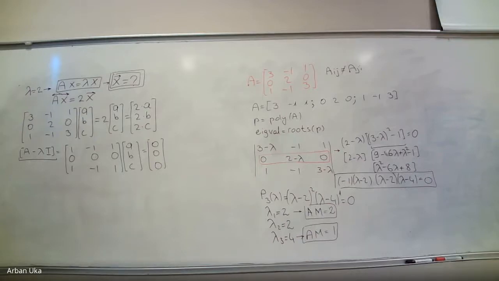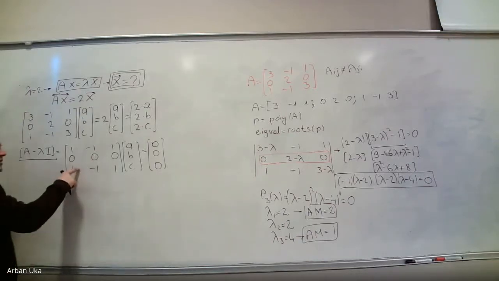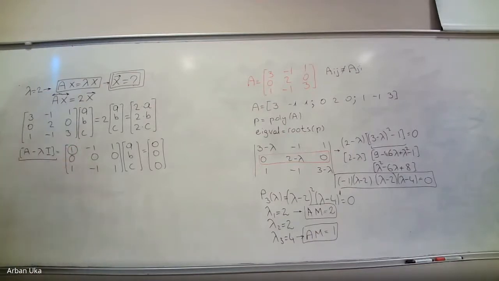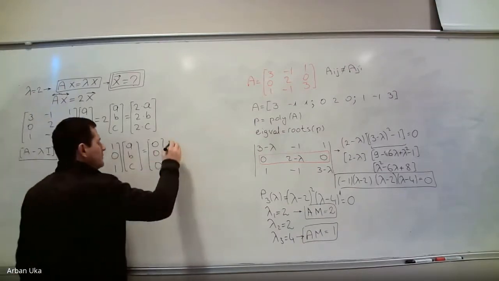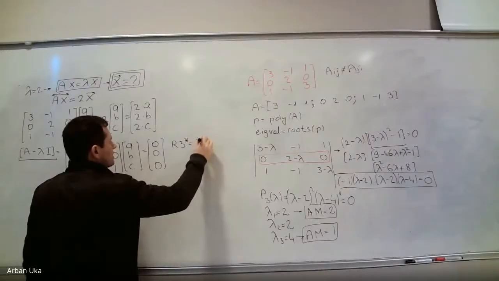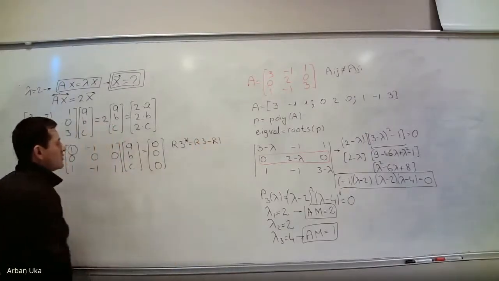What is the reduced row echelon form of this expression? Row 1 has a pivot element of 1. So what operation can we do next? Row 3 minus row 1.